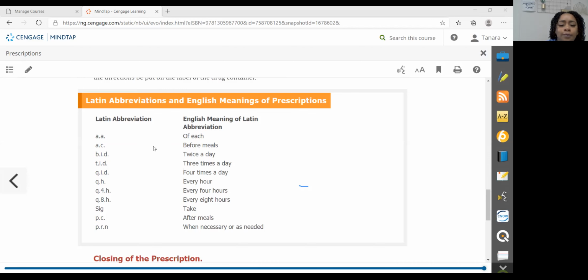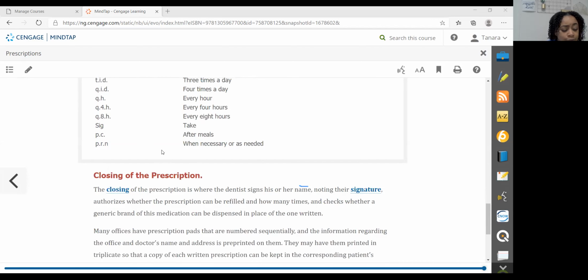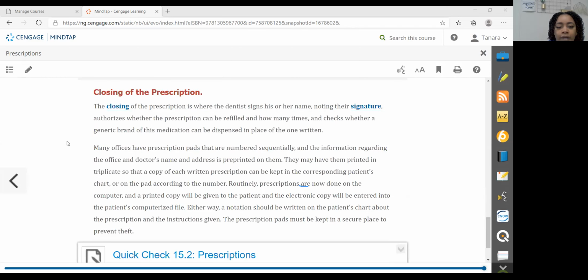Now, your closing of your prescription, we already talked about that a little bit, but I just want to remind you that the closing is where the dentist would sign his or her name. That would be the signature.